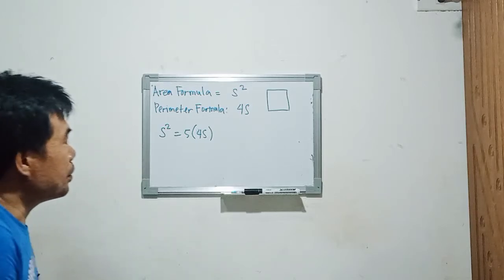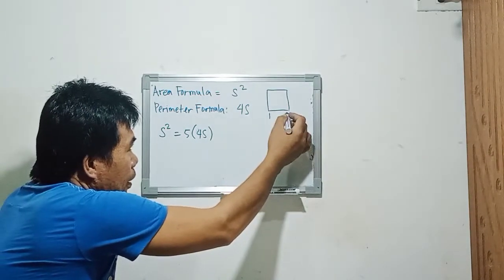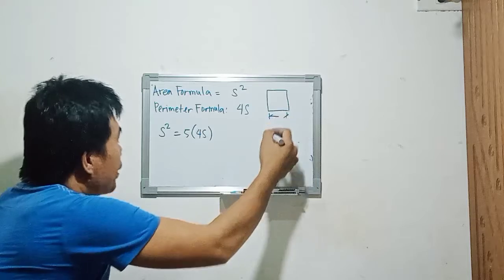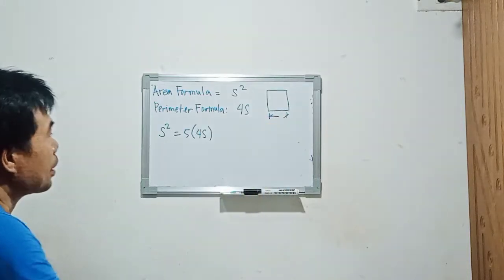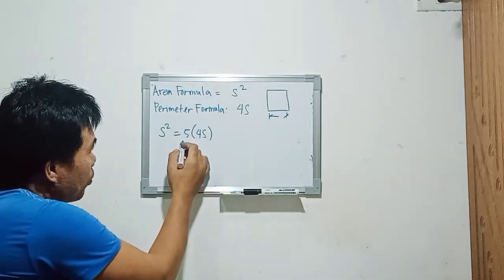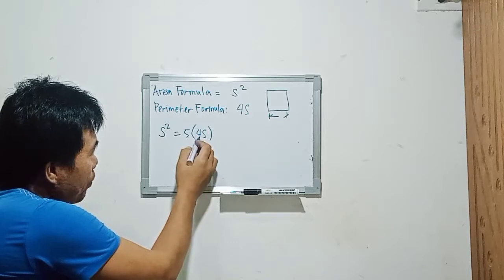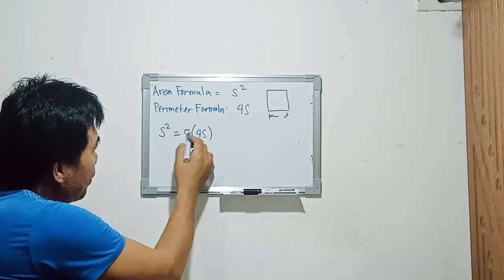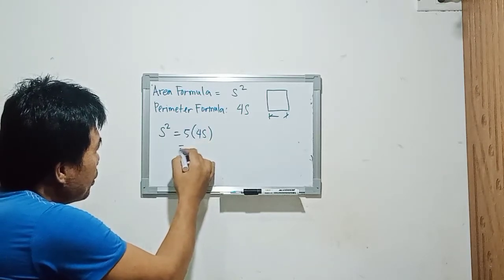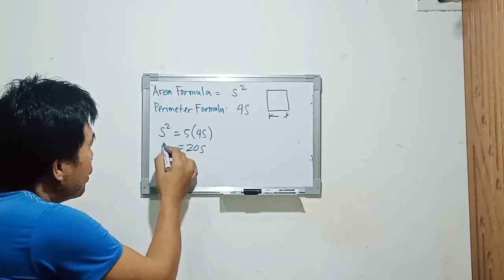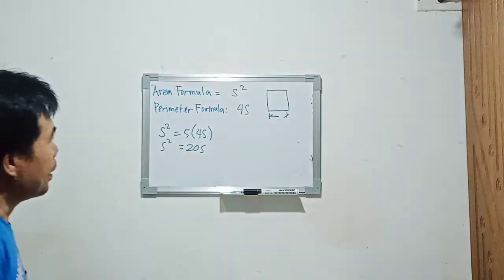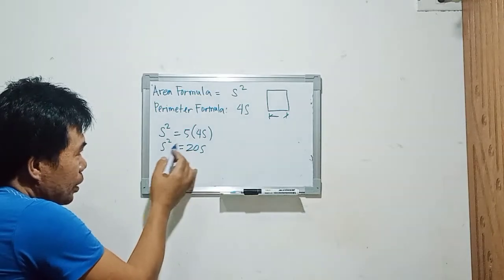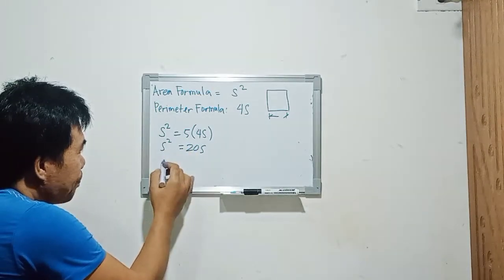Then we need to find the length of each side of this square. First thing to do, we need to multiply this 5 to 4s. So 5 times 4s is 20s. Copy the s squared. Next step is we need to transpose this 20s to this side.